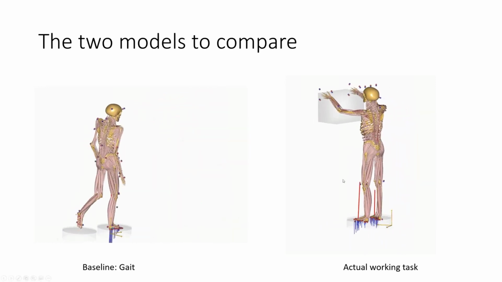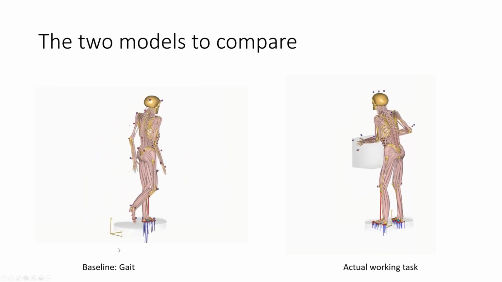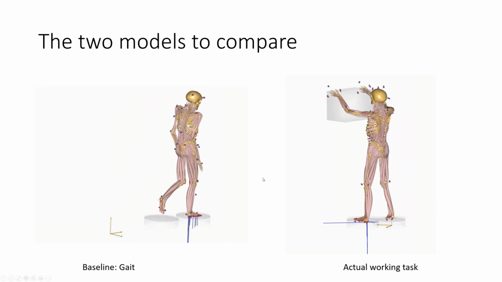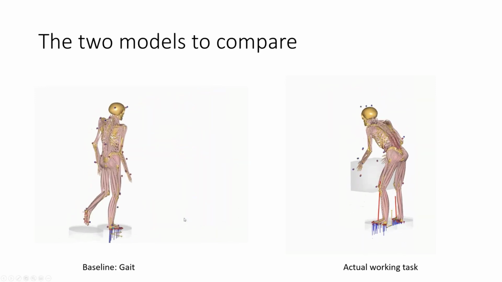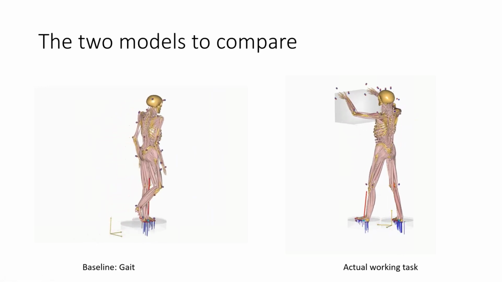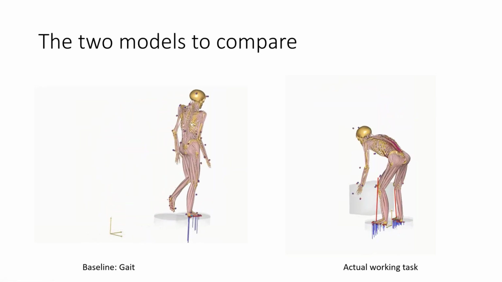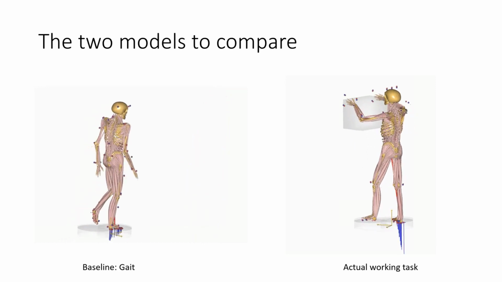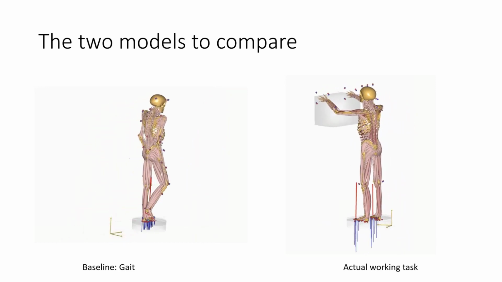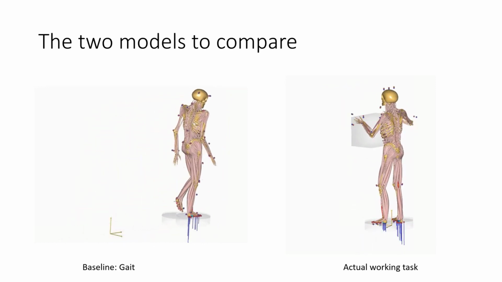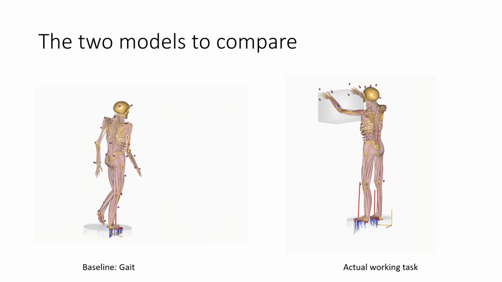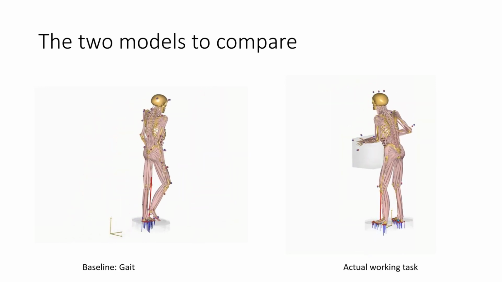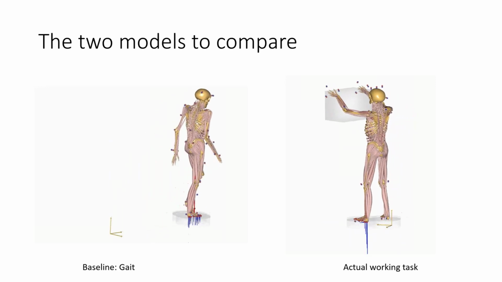The other model that we're using is what we call a baseline model, and this is the gait model that you see over here on the left-hand side. The baseline model we use to have numbers to compare with. So the working task model is going to tell us what the loads are on the body in different parts of the body and in different sequences of the motion. And these are all numbers.